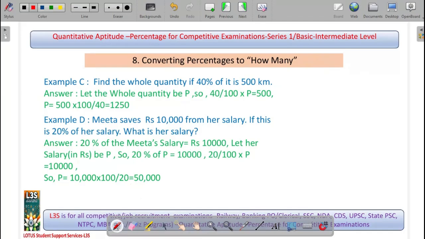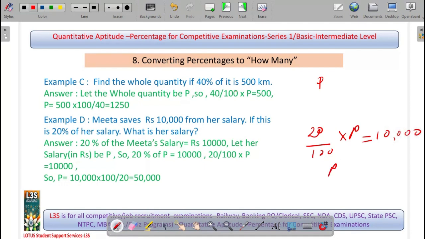Next one. Mita saved 10,000 from her salary. If this is 20% of her salary, what is her salary? So 10,000 saved from her salary, and this is 20% of the salary. Say the total salary, again we consider P. So 20% of P equals 10,000. It is similar.